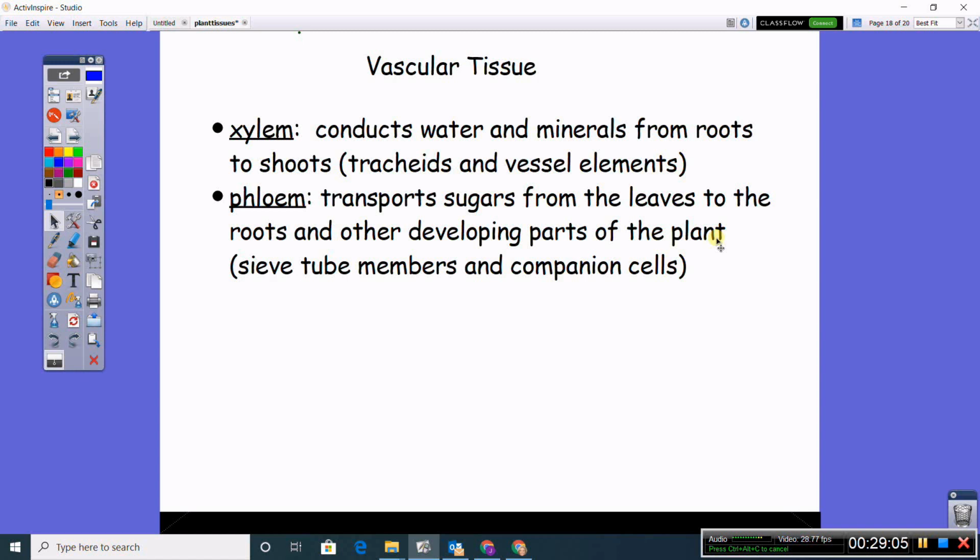So it may not be going down to the roots. It may be going to the fruit as well. And so sieve tube members are going to be your main cells that make up phloem. But remember, they can't do their job without companion cells there, because companion cells are making their proteins and carrying out all the metabolic reactions that those sieve tube members need.